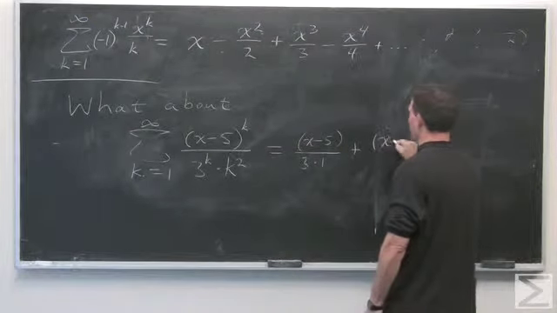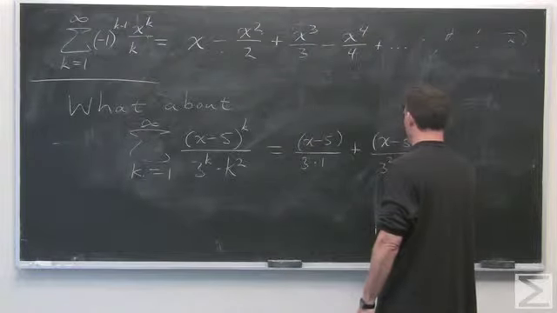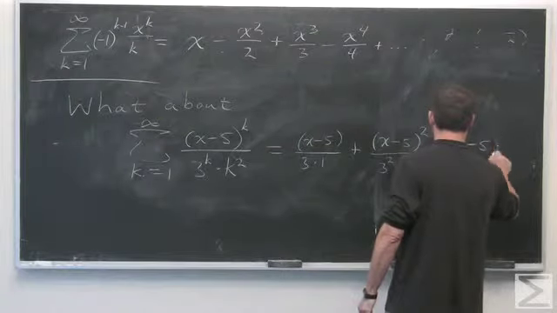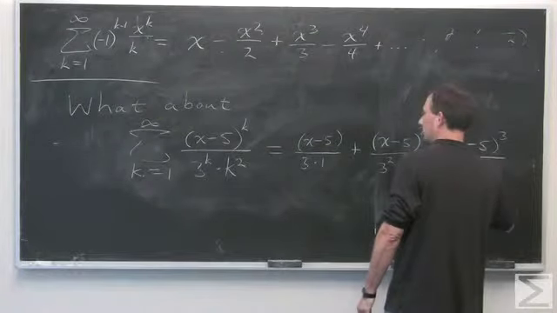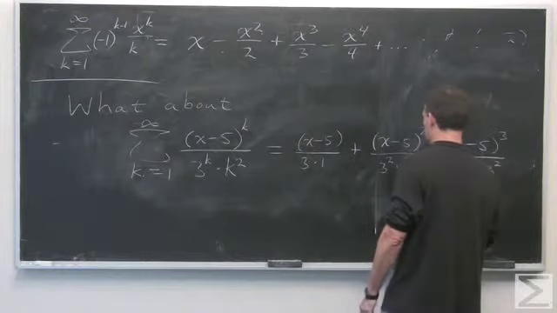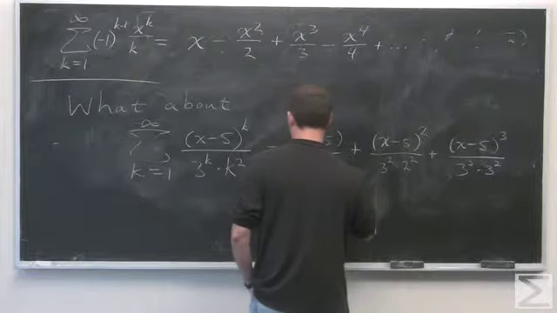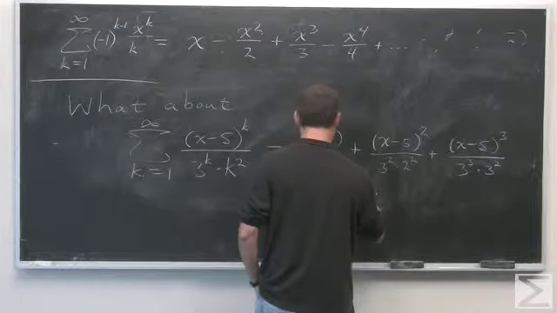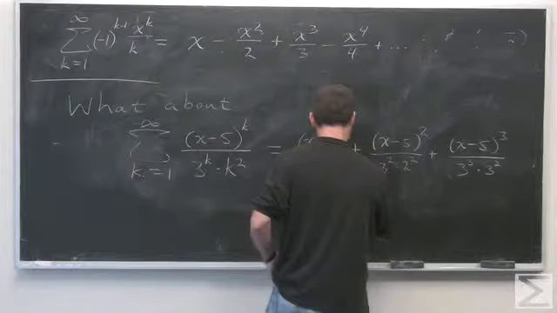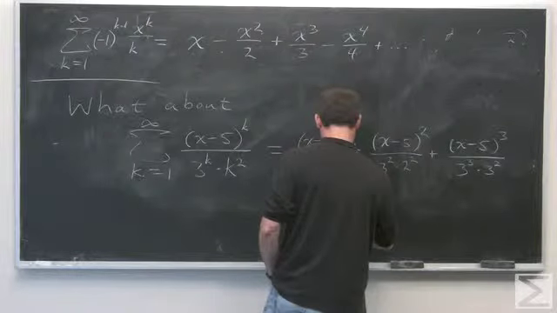So x minus 5 squared over 3 squared times 2 squared, plus x minus 5 cubed over 3 cubed times 3 squared. And it just keeps going. You could look for a pattern, but there's not going to be a pattern other than this. There's no reason to expect this to be anything particularly nice.